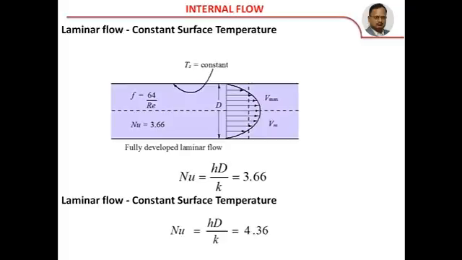If the Reynolds number is very low, that is laminar, less than 2300 is possible only when the fluid is having high viscosity. So in that small range of values, the Nusselt number does not change much. So they have considered for constant surface temperature Nusselt number as 3.66.